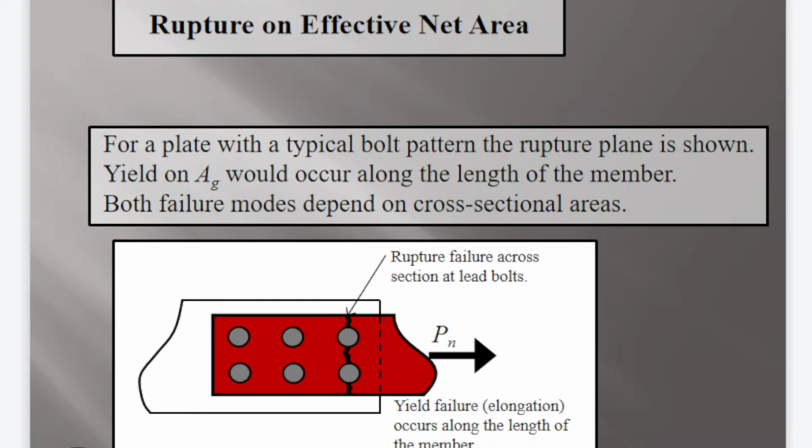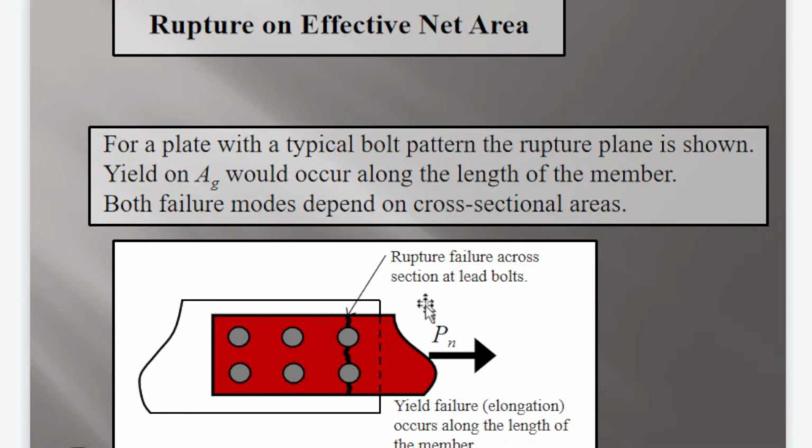That is what we are talking about if we are looking at the yield limit state, the strength limit states on yield. Both failure modes depend on cross-sectional areas, but yield is on the gross area and along the total length of the member.